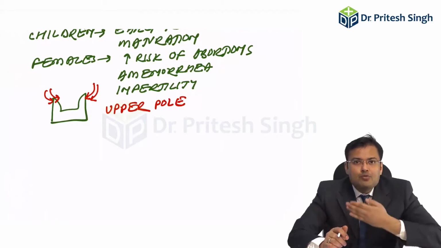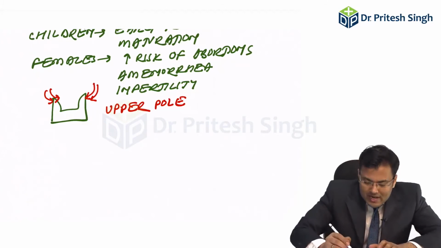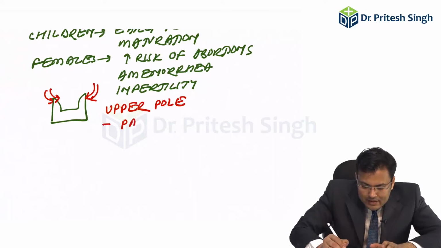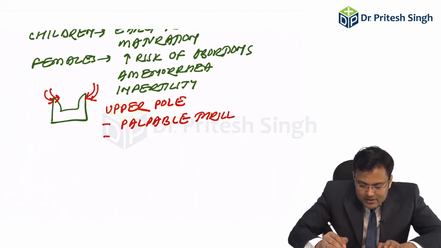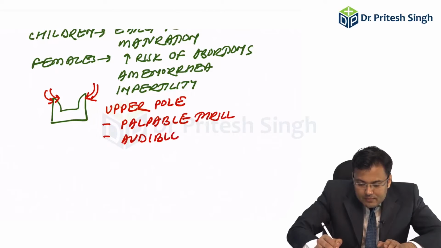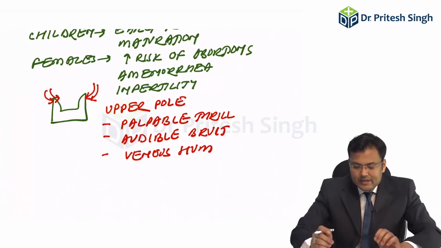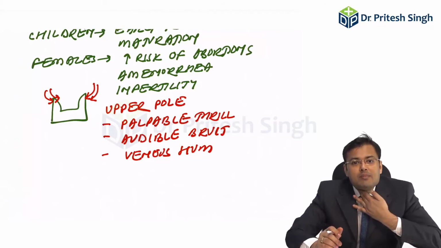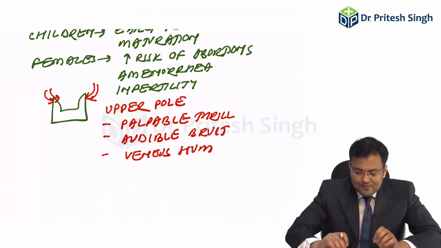If I'm going to palpate this region, what I can feel, there is palpable thrill. On auscultation, there is audible bruit and sometimes audible venous hum. So there is palpable thrill, audible bruit, and venous hum.